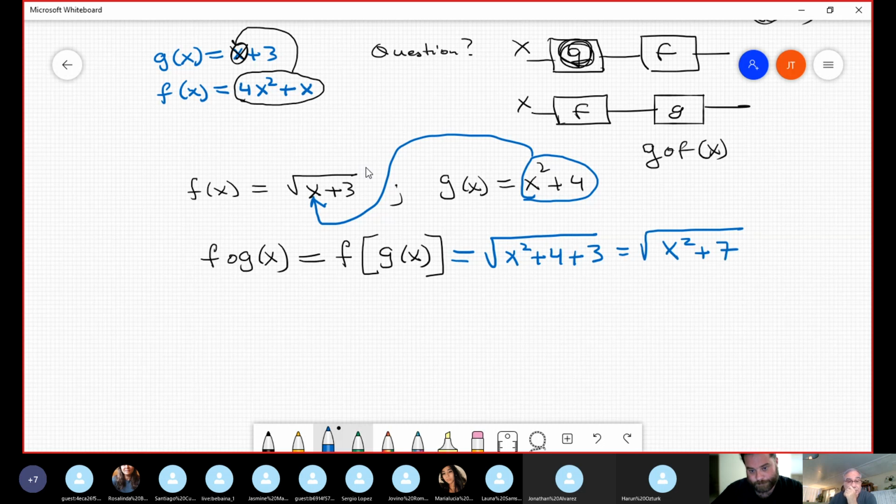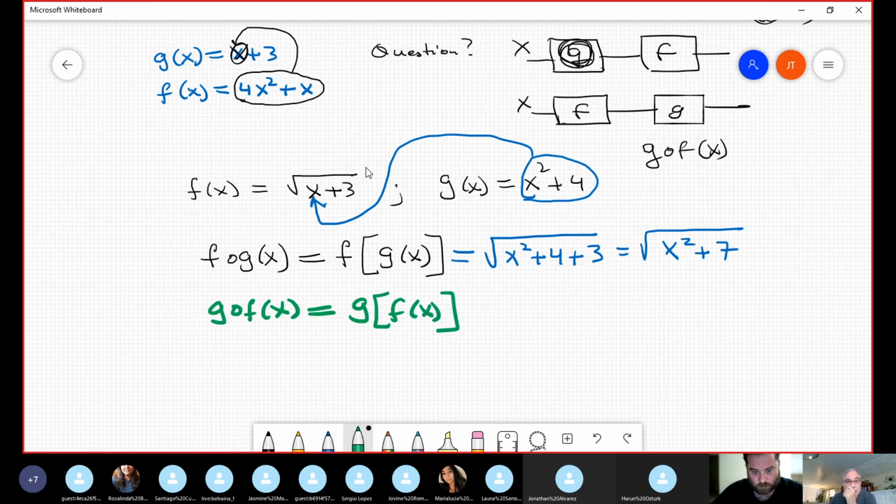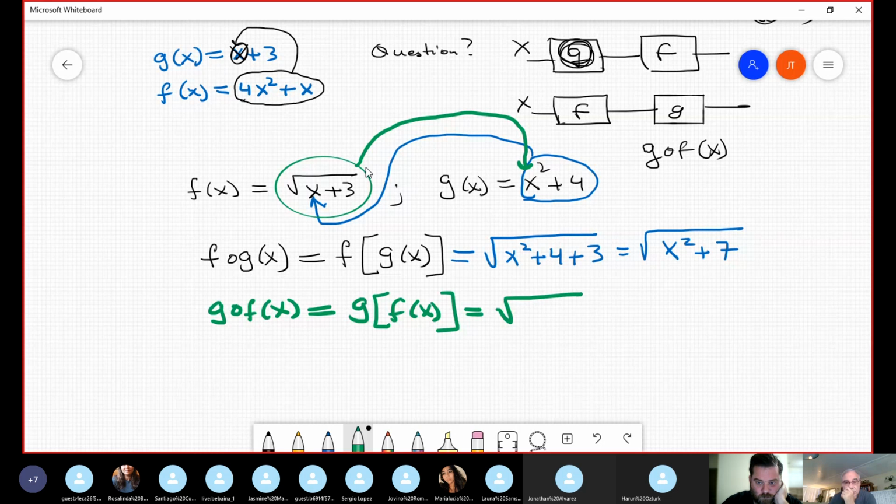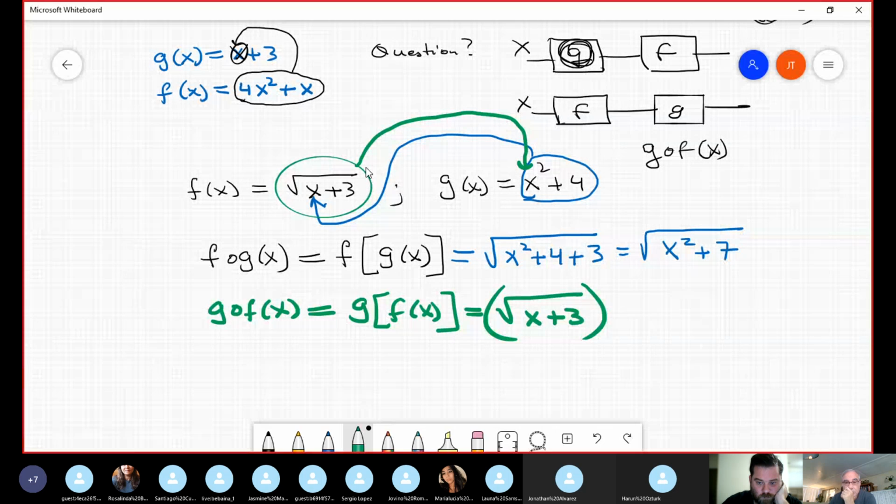Suppose now in the opposite order. Suppose g composition f. It's g of f of x. It's opposite, totally f goes inside here. Wow, I didn't do that intentionally. Look, it's square root of x plus 3, squared, plus 4.